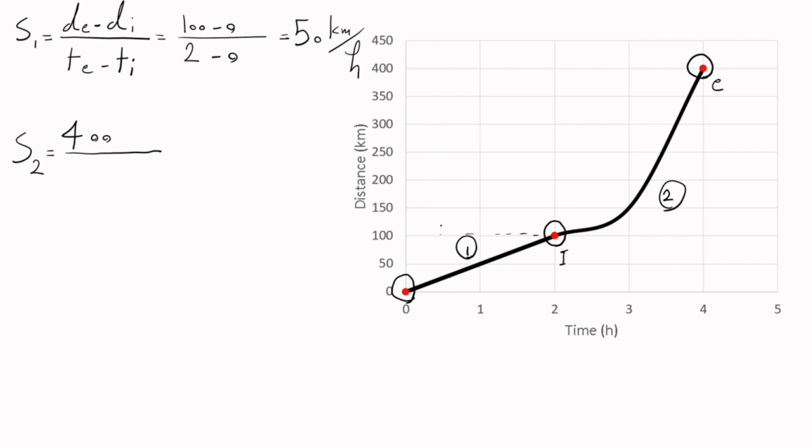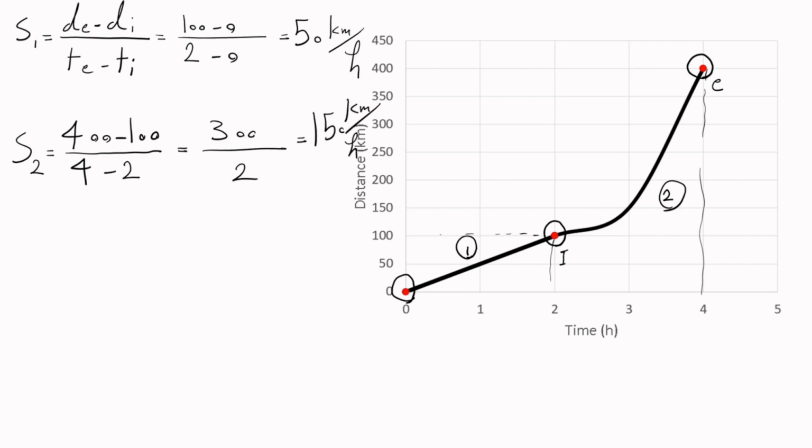And if I continue that one, I will realize that it's going to be 100. What is the time of ending point? 4. For initial point it's going to be 2. So I'm going to have 300 over 2, which is 150 kilometer per hour, which is really high.